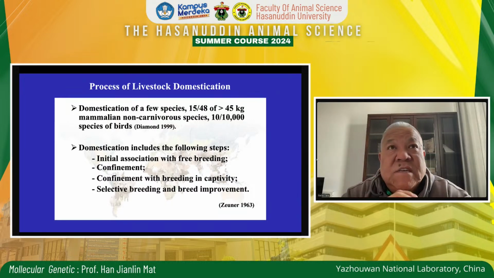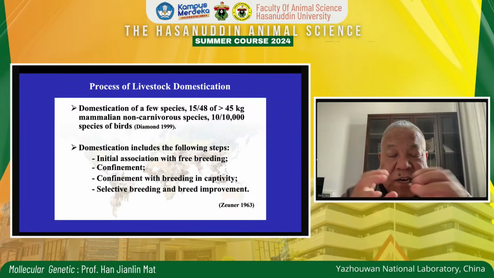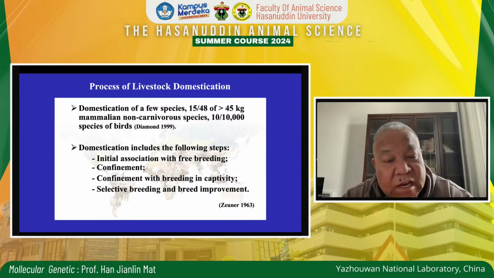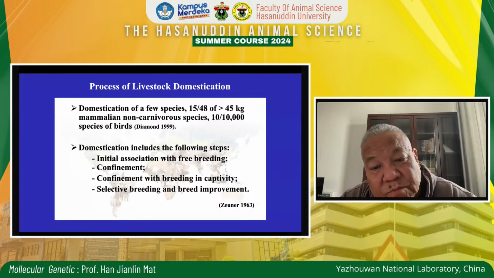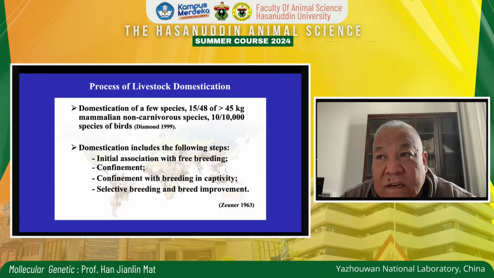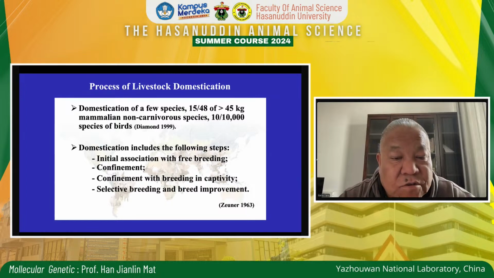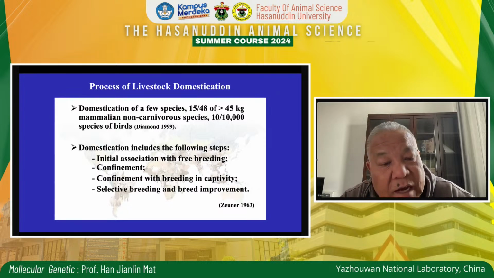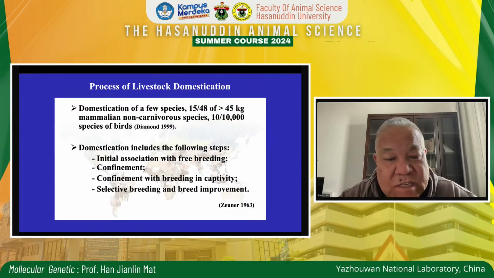After domestication, more or less we are able to tame, and we can control the reproduction in captivity. Then we may start to make a plan how to breed them, how to improve them. A banteng may produce a calf maybe in April every year. Under human control, we may control the natural mating by separating the male from the female, and we may manipulate the calving season.